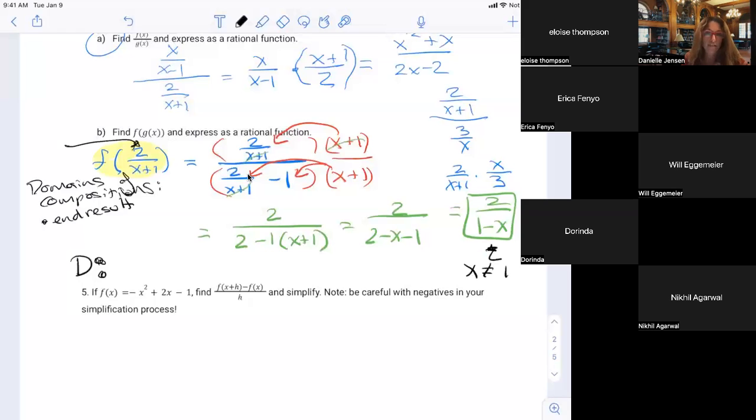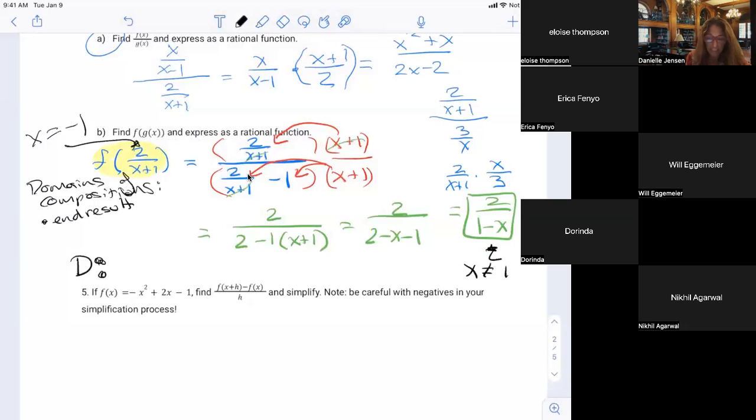So looking at 2 over x plus 1, what else can x not be? It can't be -1, right? Because in 2 over x plus 1, if I were to put -1 in, I'd have 2 over 0.